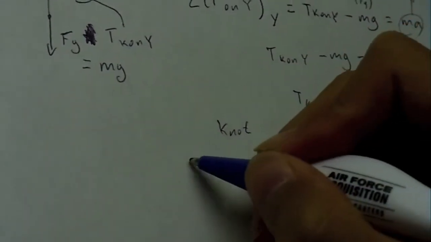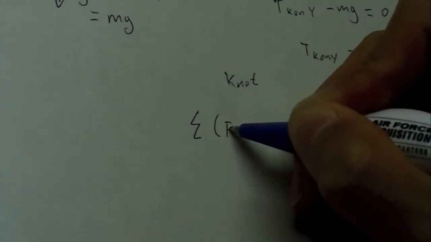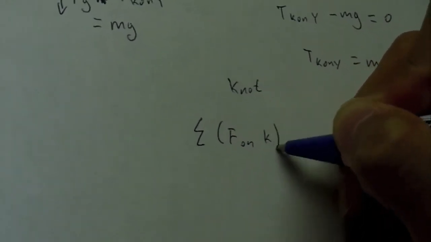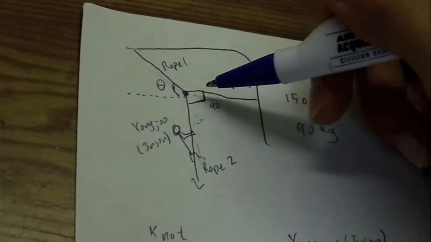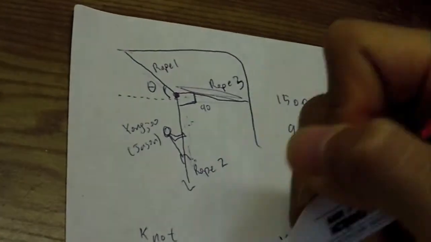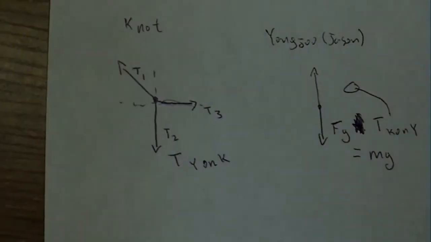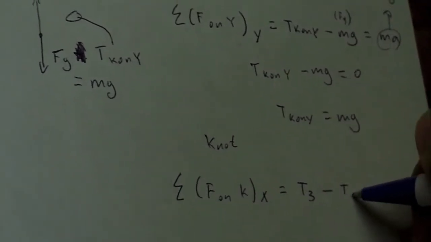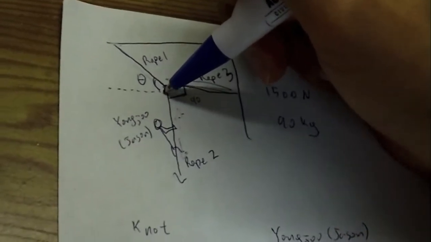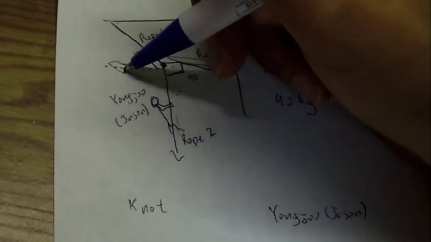For the knot, the total force in the x direction is going to be T3, which is this force, minus T1 cosine theta, which is this force going this way.